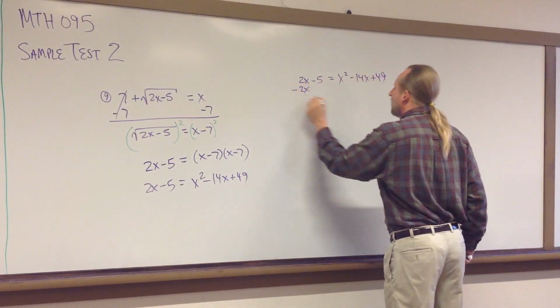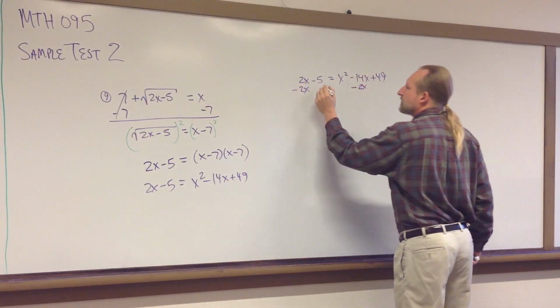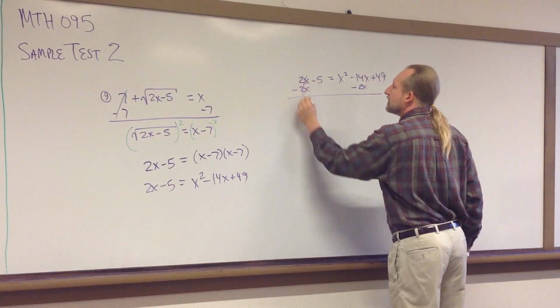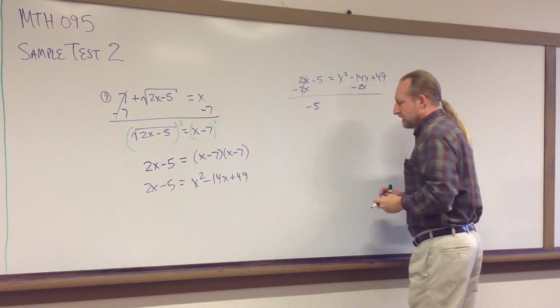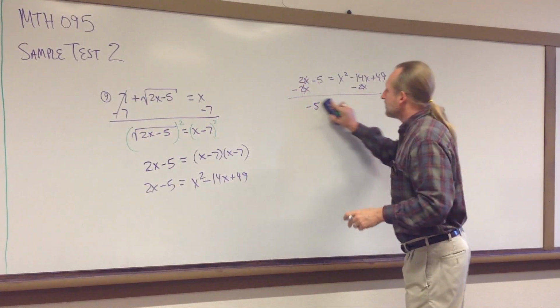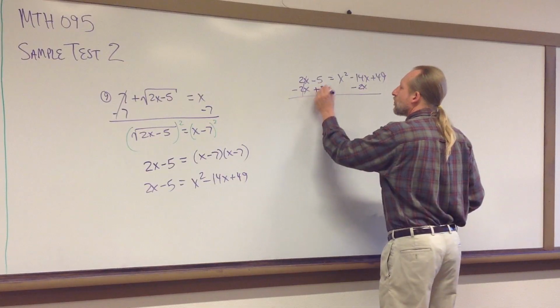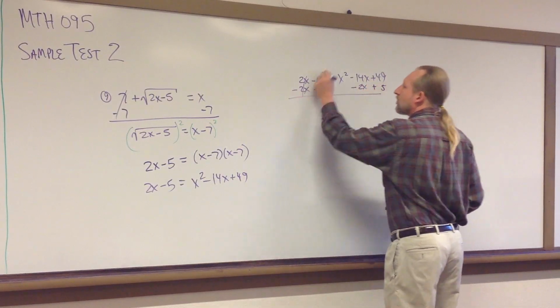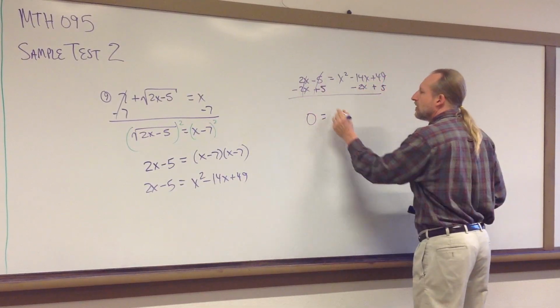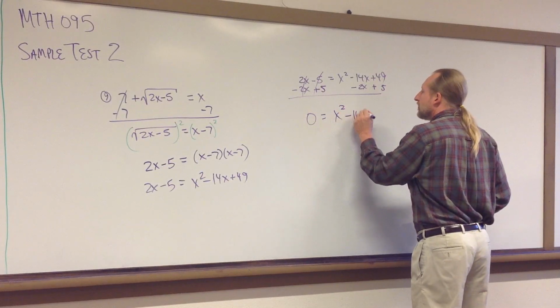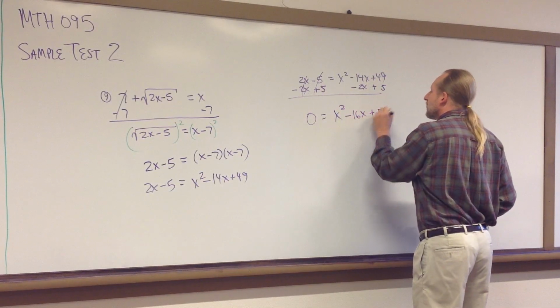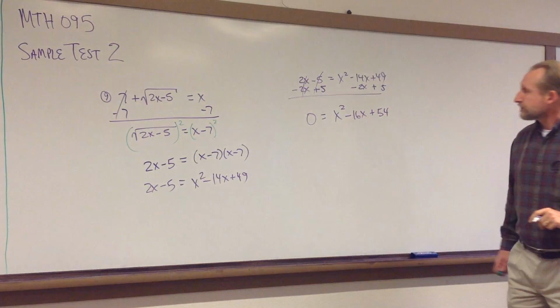We want to subtract 2x on both sides, and let's just add 5 on both sides at the same time. So over here we'll have 0 equals x squared minus 16x plus 54.